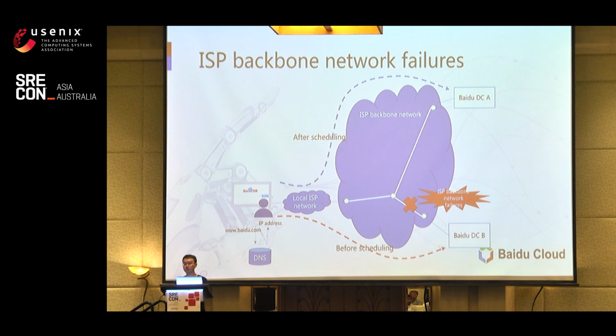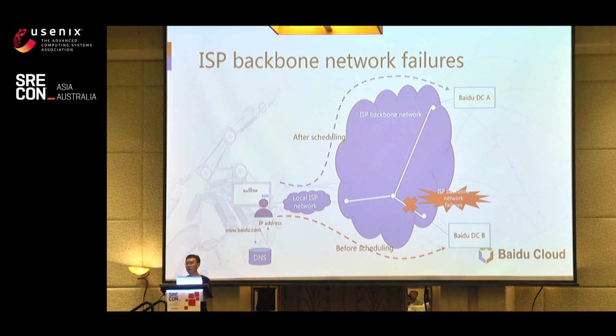The second type is the ISP backbone network failure. This failure can break the connectivity between users in one area and our data centers in another area. For example, users in Central China will normally visit Baidu's East China data center.